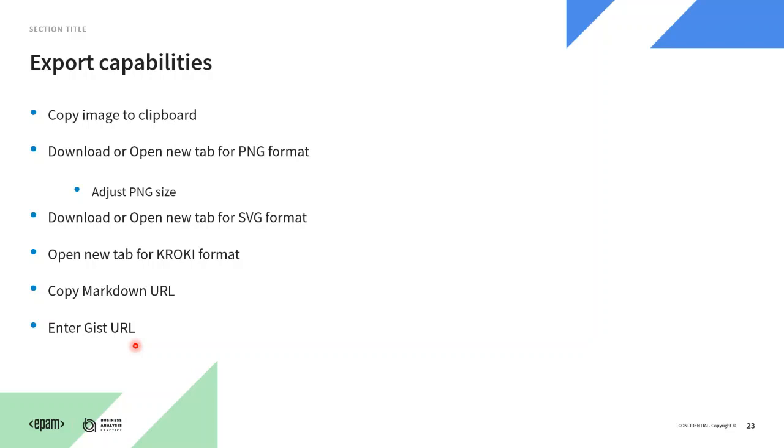There's also a new tab for Kroki format, which I have not used yet. You've got this copy Markdown URL, which, as I saw, is used mostly for GitHub pages. And you have this enter Gist URL, which I don't know what it's about. It's something new. But if you are familiar with it, it's there.